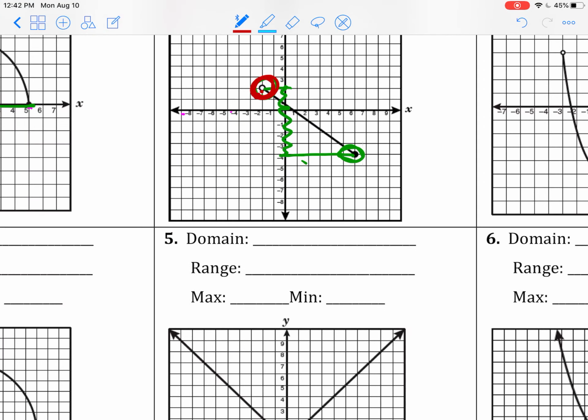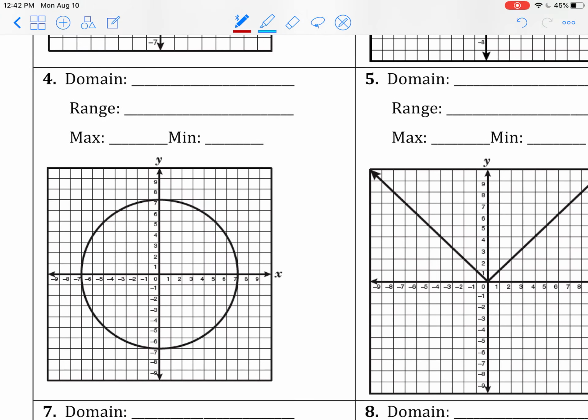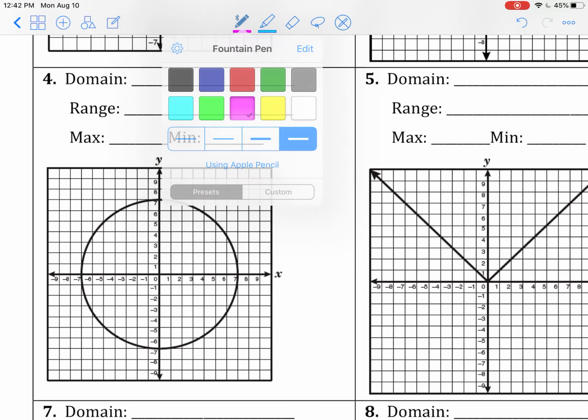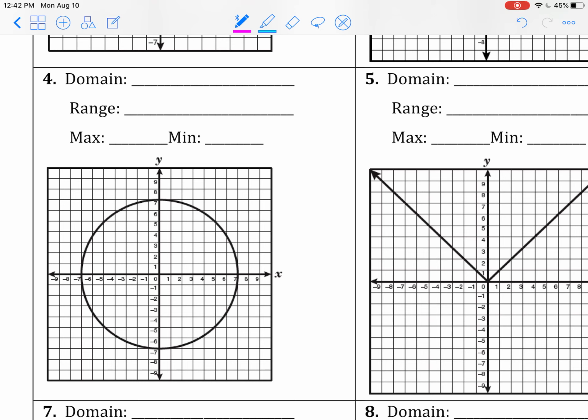Okay, I'm going to leave number 3 for you to do. A lot of people get confused by number 4, so I do want to go over number 4. Domain. Scanning from left to right, -7 is the first point, 7 is the second point, the higher point. And so -7 to +7.